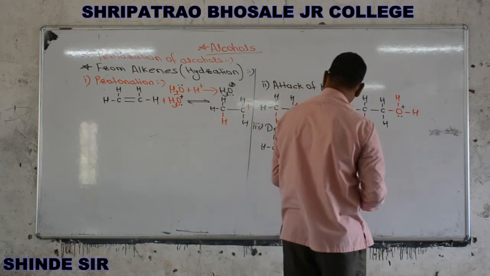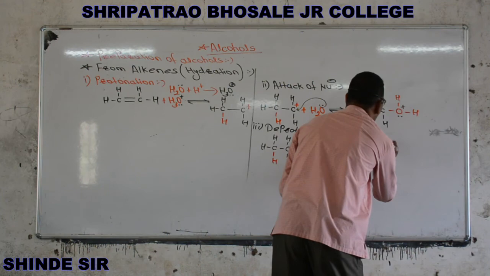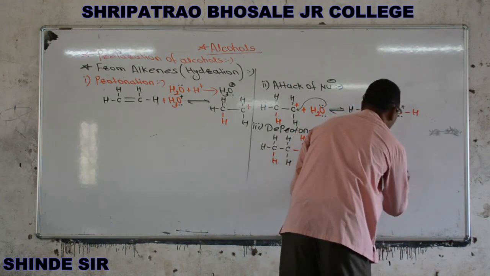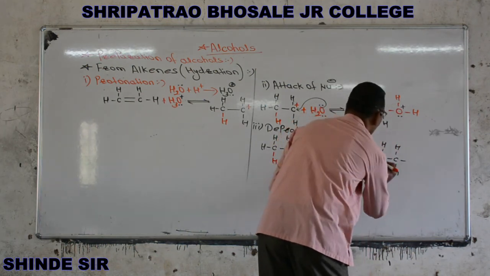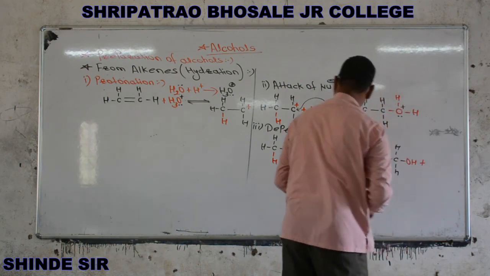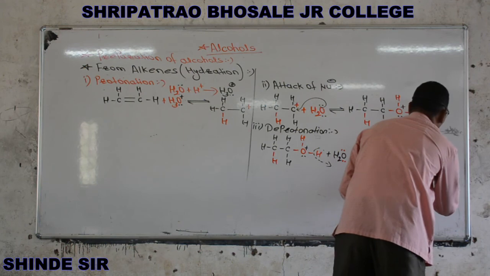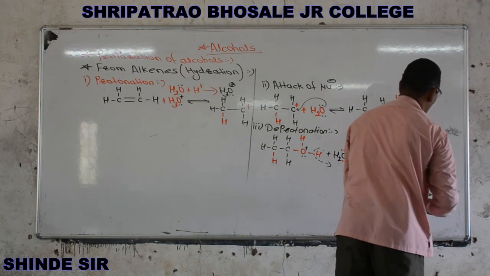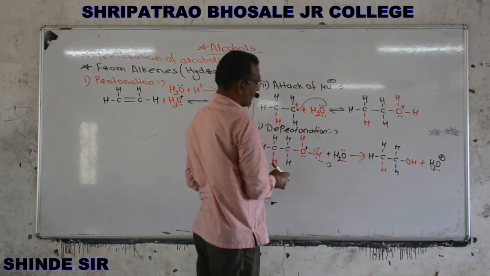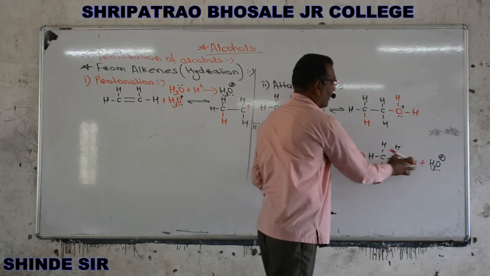So the final product is formed, that is ethyl alcohol, plus again the hydronium ion, because the H plus reacts with water and forms the hydronium ion.